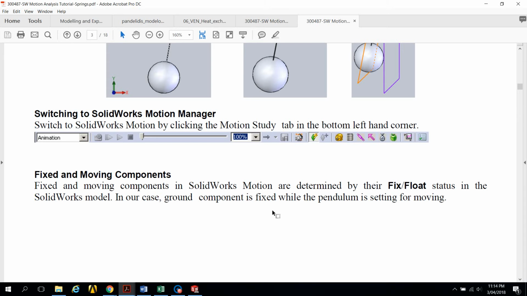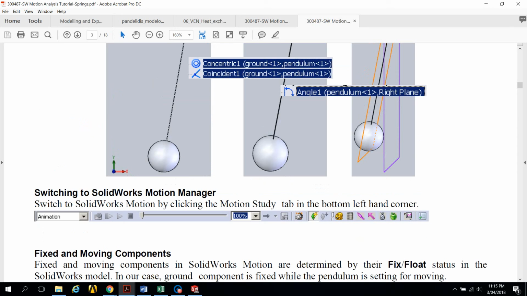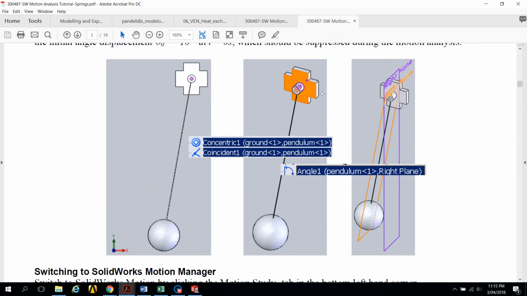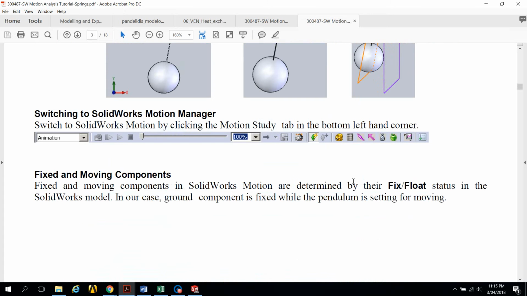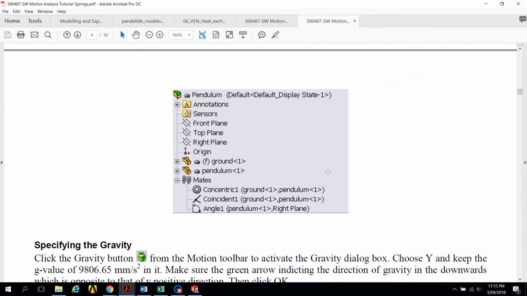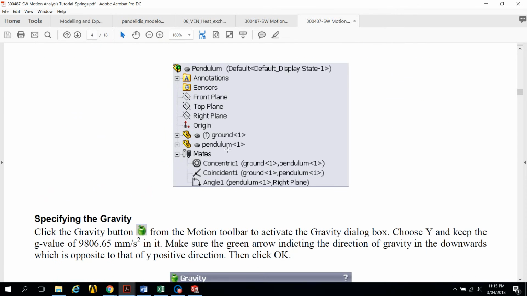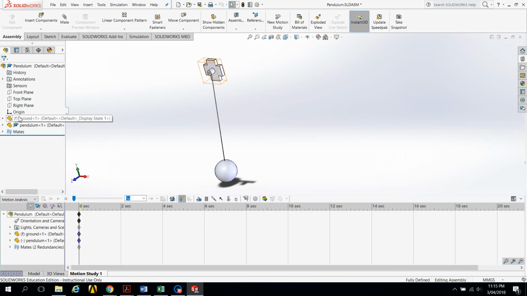In our case, the ground component is going to be fixed, while the pendulum is going to be moving, floating. So F for the ground, and the pendulum is going to be free. Double check that: grounded is fixed, and this one is floating.